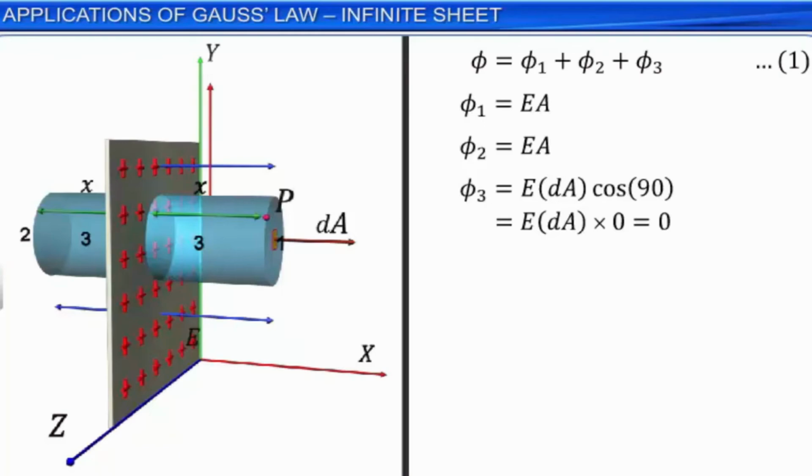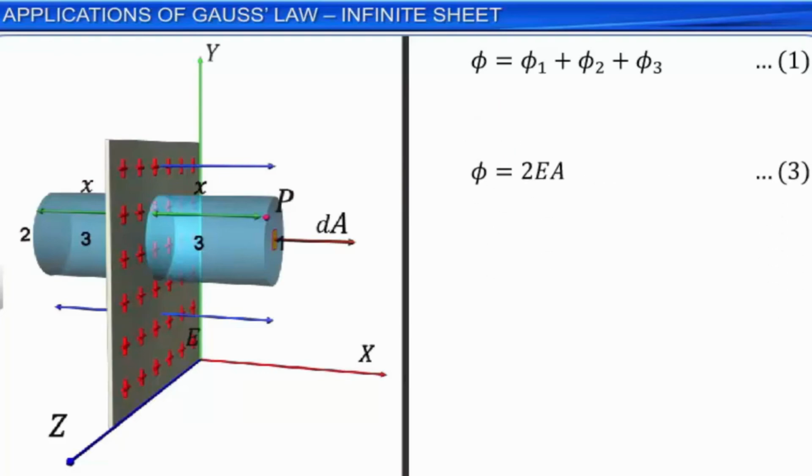Substituting the values of Phi 1, Phi 2, Phi 3 in the expression for total flux Phi, we get Phi equal to 2EA. Let this be equation 3. According to Gauss law, Phi is equal to Q in by epsilon naught.